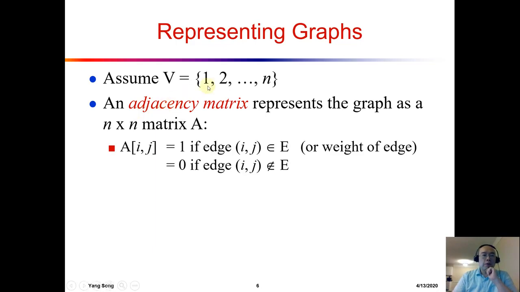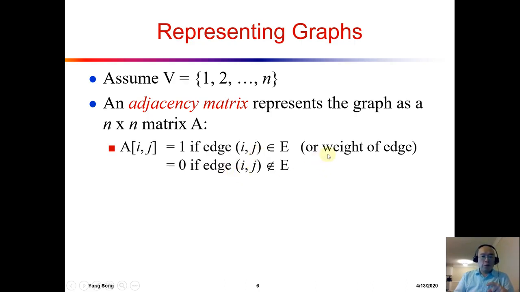For example, if we have the vertices 1, 2, 3, all the way to n, so a total of n vertices, we can create an n by n matrix, where for each value with i and j as the x index and the y index, it is a 1 if there is indeed an edge from i to j, and otherwise it is a 0.